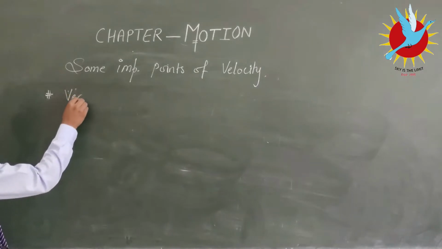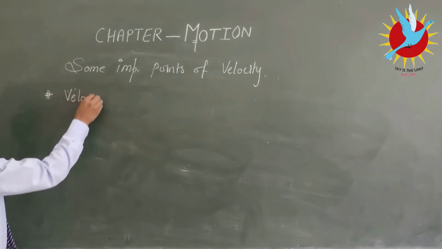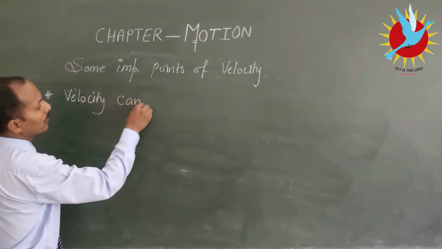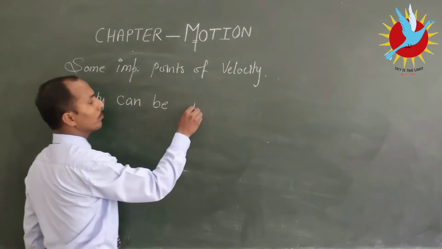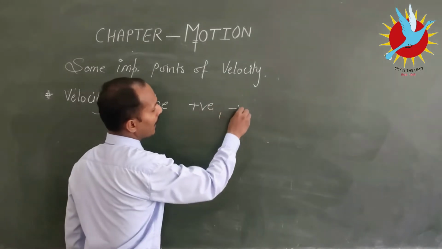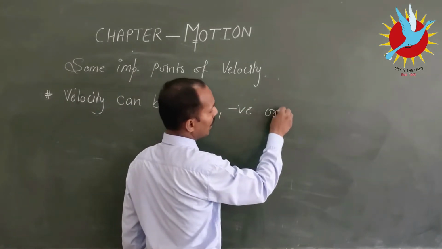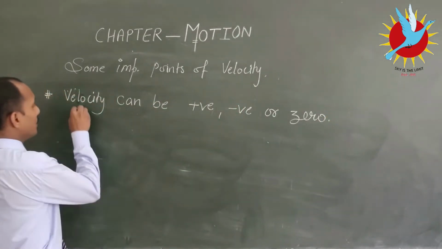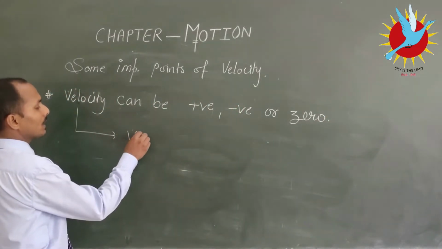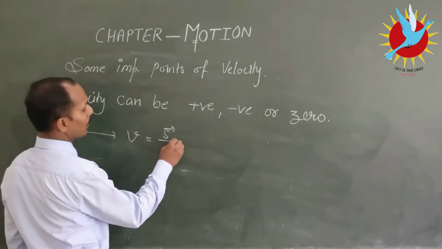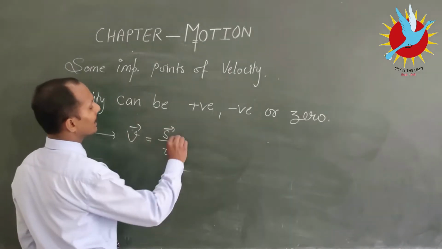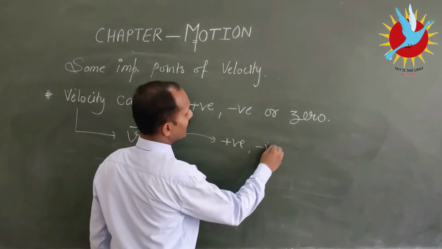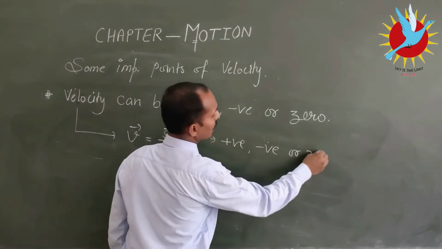Next point is velocity can be positive, negative or zero. Velocity is equal to displacement upon time, and we know that displacement may be positive, negative or zero.